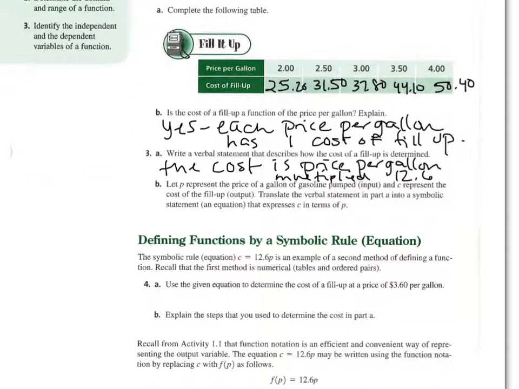Now here we're going with a verbal rule, and then they want an actual algebraic rule, an equation. The cost would be 12.6 times that price per gallon. Right there is my input, and here's my output.